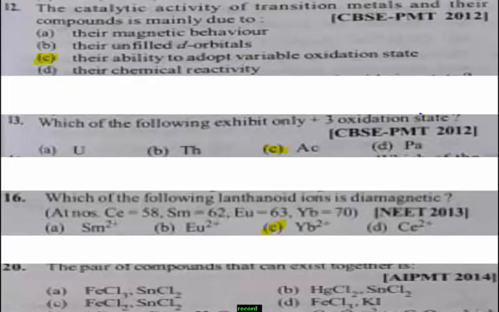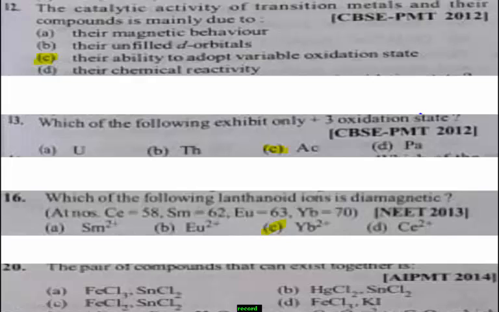Students, when we observe the given options, FeCl3 is common in 3 options, right? When we observe option C, FeCl2 and SnCl2, both are reducing agents.